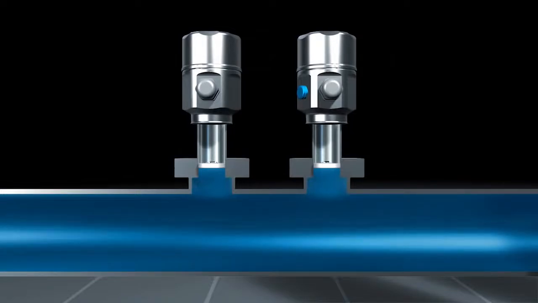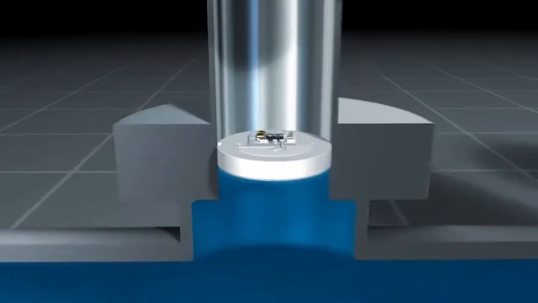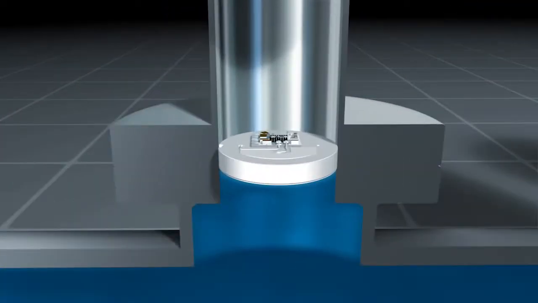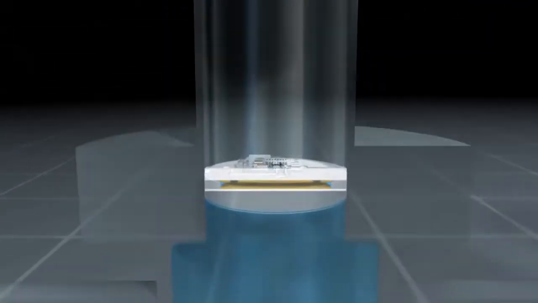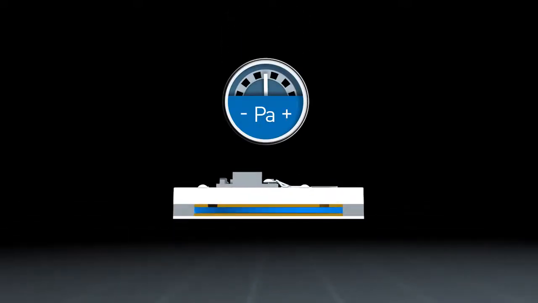We will have a closer look at the difference of an absolute pressure cell and a gauge pressure cell using the example of a ceramic cell. In a ceramic cell, an electrically conductive material is applied to a ceramic substrate, thus forming a capacitor. As pressure is applied, the diaphragm deforms and causes a change in capacitance.